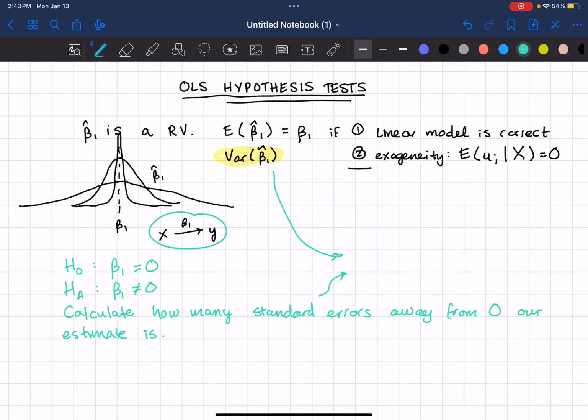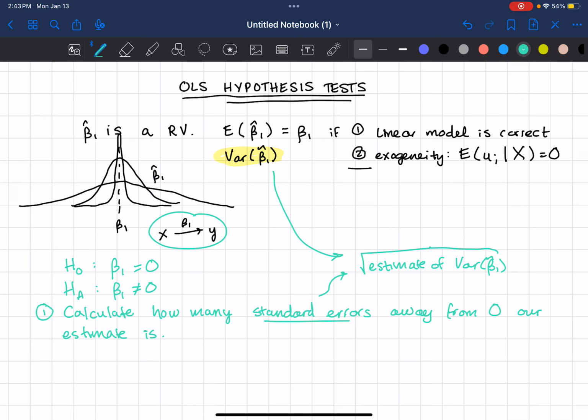We're going to derive the formula for the standard error in the next video. But the standard error is the square root. It's like the standard deviation, but it's called the standard error because we estimate it. Standard error of the estimate of the variance of beta 1 hat.